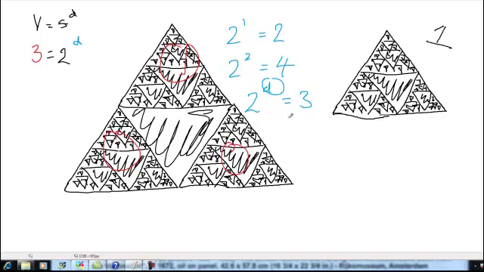What is d if we want to be more precise? Well, if you've met the concept of a logarithm before, you will maybe say that d is the logarithm to the base 2 of the number 3, or in log 10, just log 3 over log 2. But that doesn't really matter, it's just a number between 1 and 2. I think somewhere about 1.7ish, but I'm not totally sure on the exact number, but definitely something between 1 and 2.